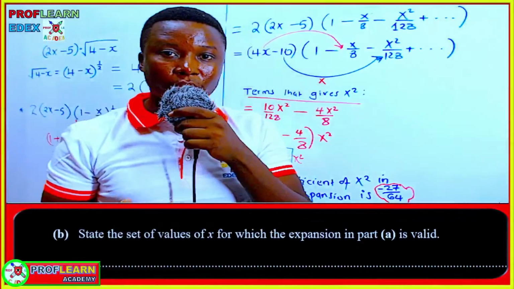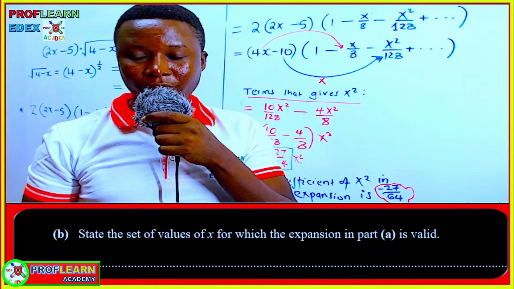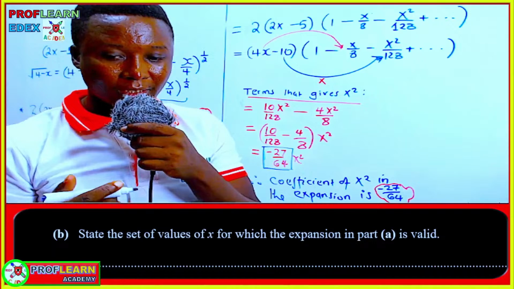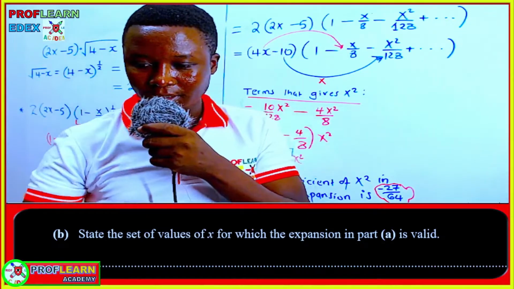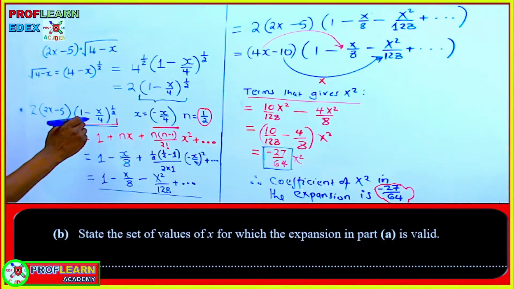The next question that will be asked in this kind of question is to state the set of values for x for which this expansion is valid. In that, you expanded using the binomial formula.